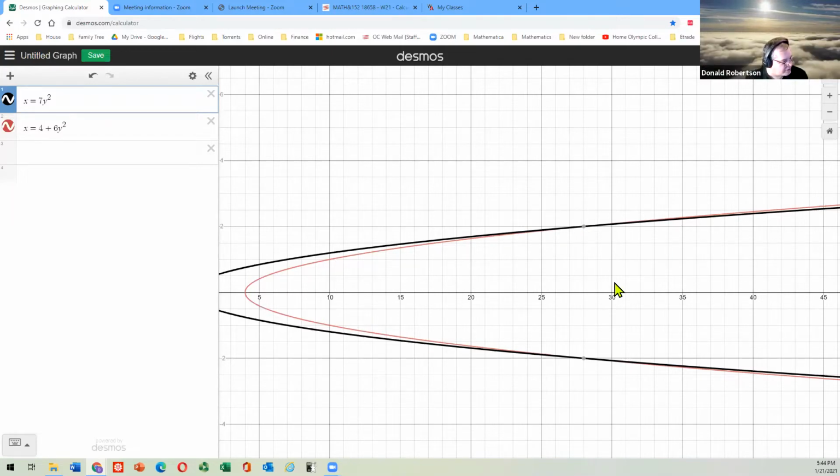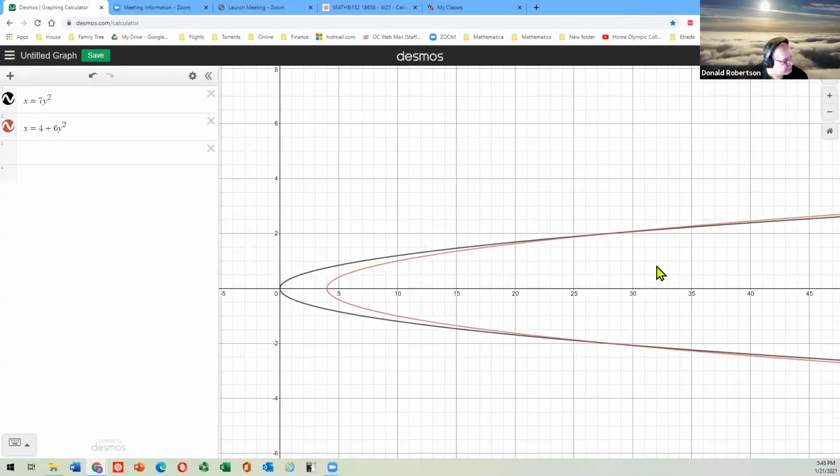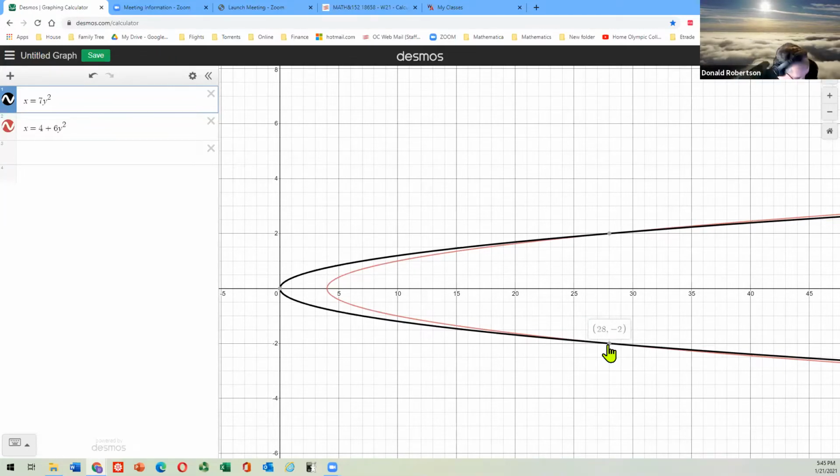But it just kind of blended into nothingness, and I couldn't figure out what the heck was going on. And so, there we go. It crosses at 2 and -2. Anything about that guy that we need to talk about?